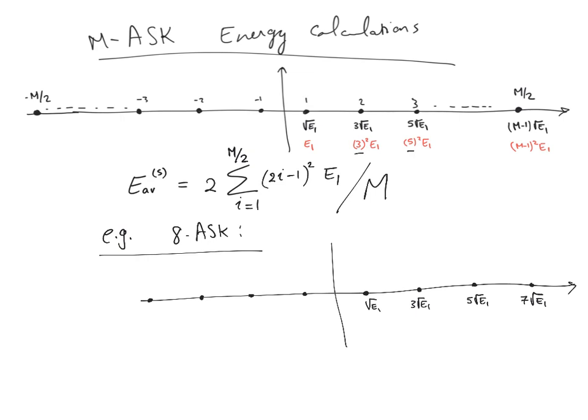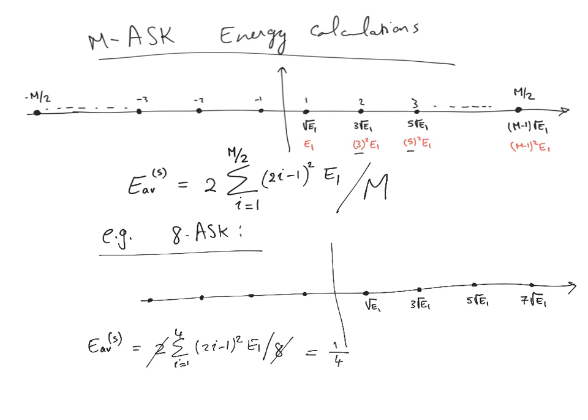So if I want to apply the rule, E average per symbol is equal to 2, and then the summation from I equals 1 up to M divided by 2, so up to 4, right? Summation of I equals 1 up to 4, and then 2I minus 1 squared E1, right, divided by 8, the total number of symbols, which is going to be equal to 1 over 4, that's 2 divided by 8, right?